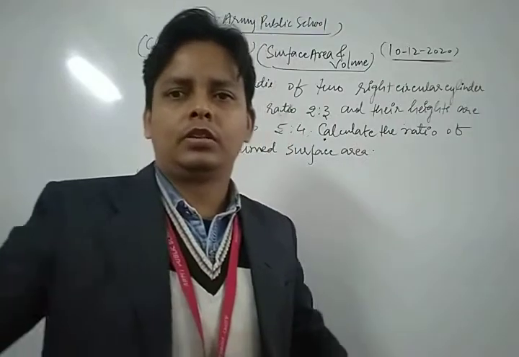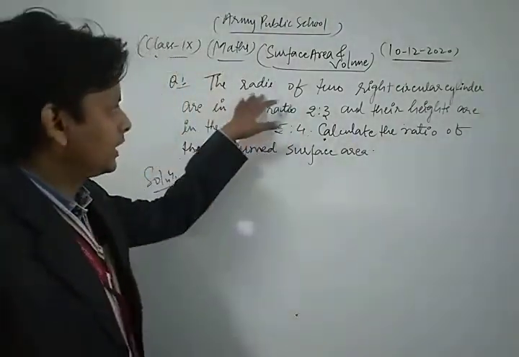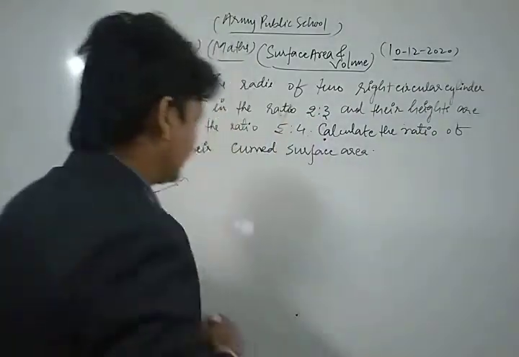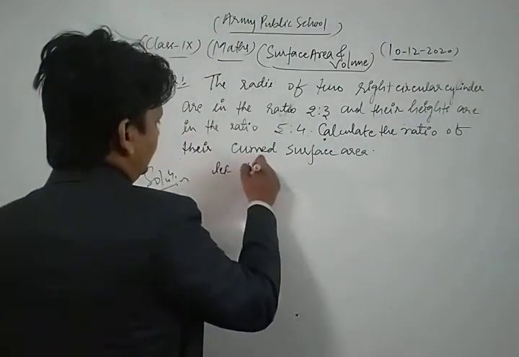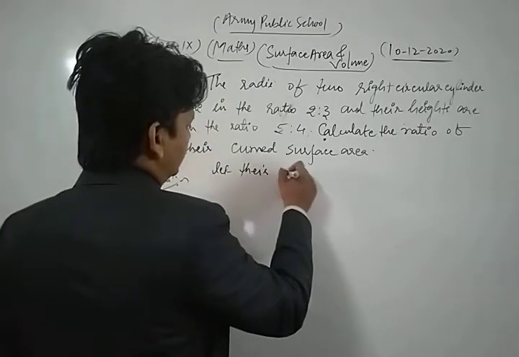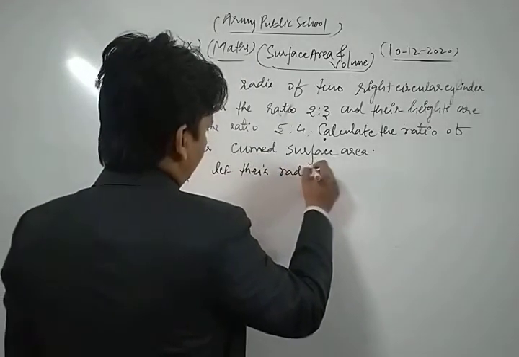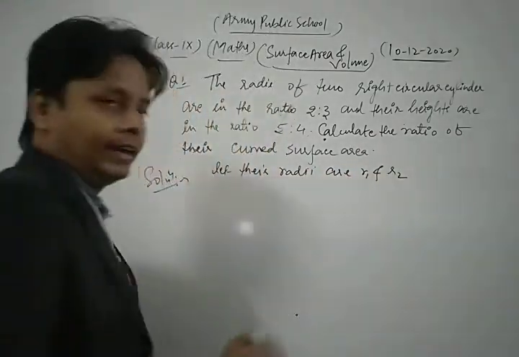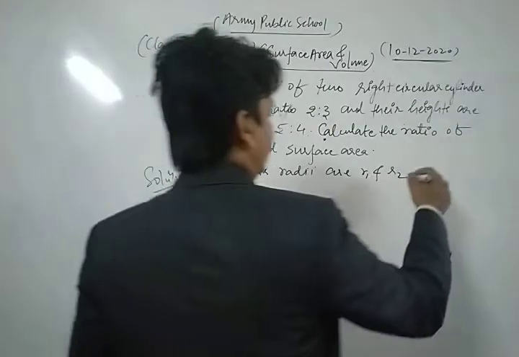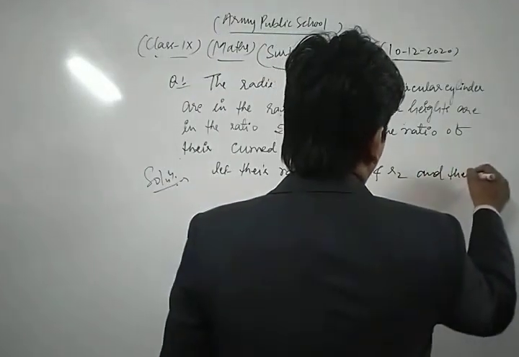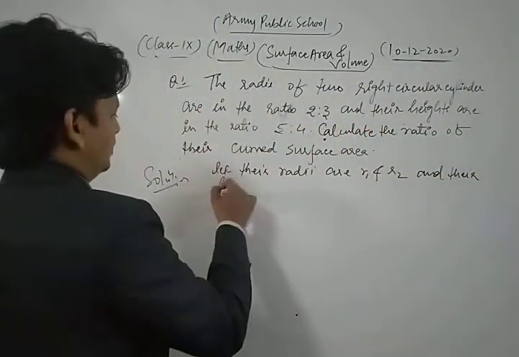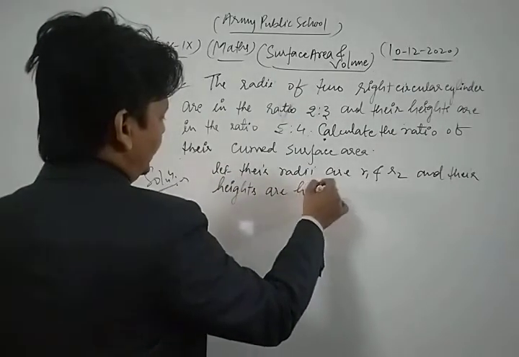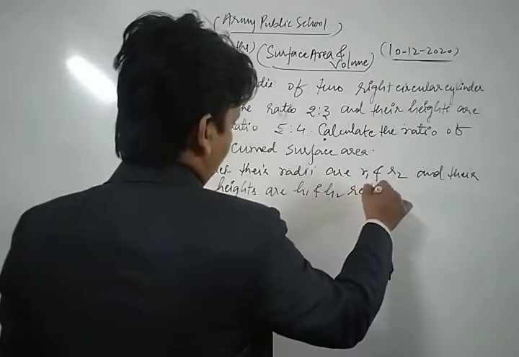In that question, what is given? The radii of two right circular cylinders are in the ratio 2:3. So let their radii be r1 and r2, and their heights be h1 and h2 respectively.